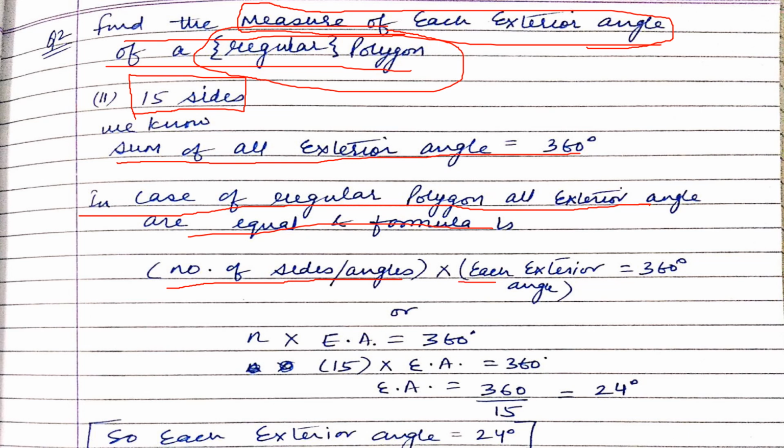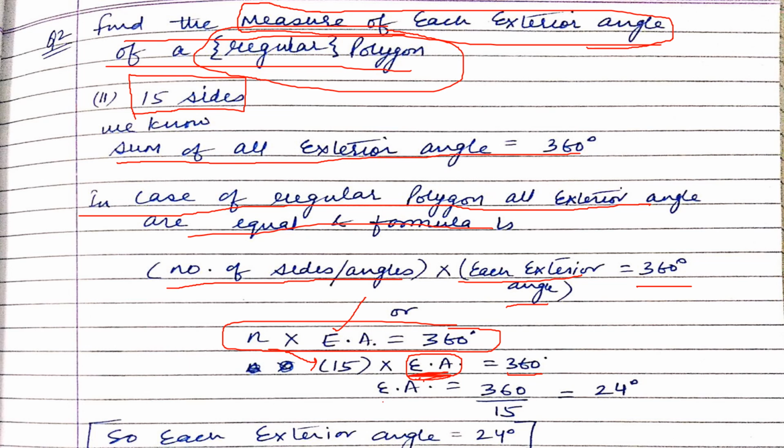into each exterior angle value is equal to 360. So this is the main formula. This formula will help us to find the value of exterior angle. Very simple. Because we know the value of n, putting the value of n as 15, EA, the exterior angle which is missing, is equal to 360. Whatever we want, we isolate it.